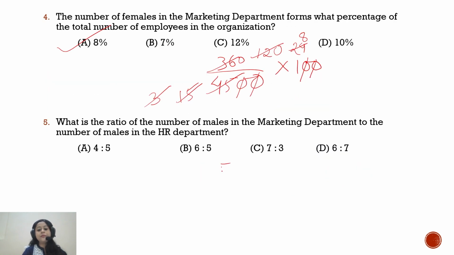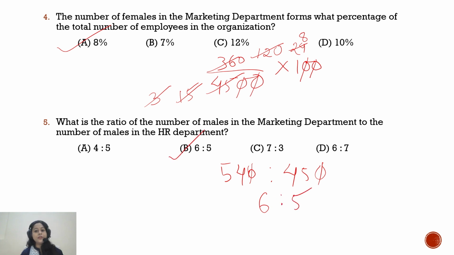So it is 540 is to 450, where 0 will cancel out. If you divide by 9, it is 6 is to 5. So option B will be your answer.